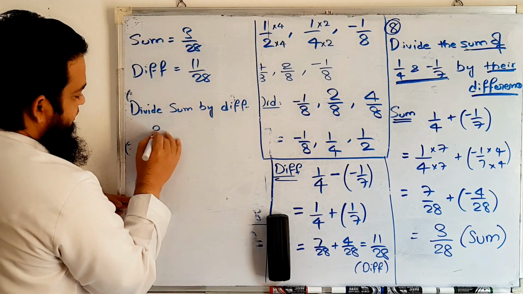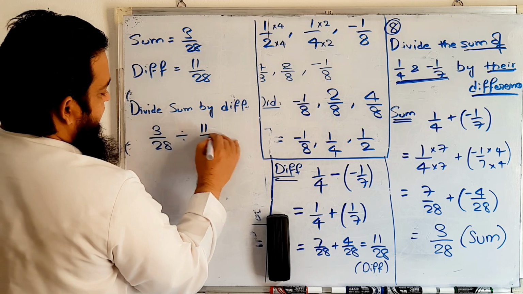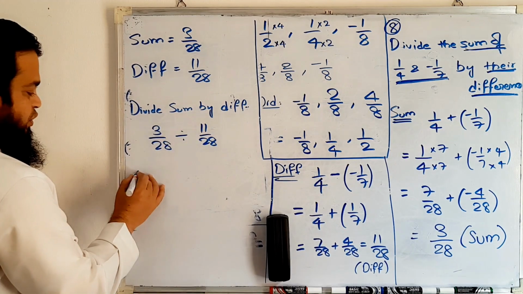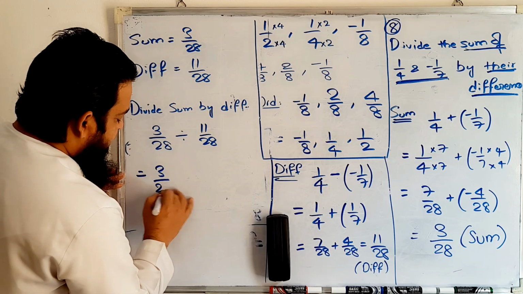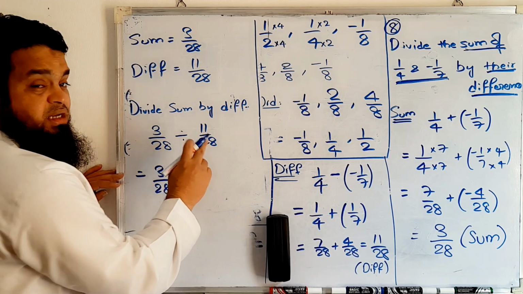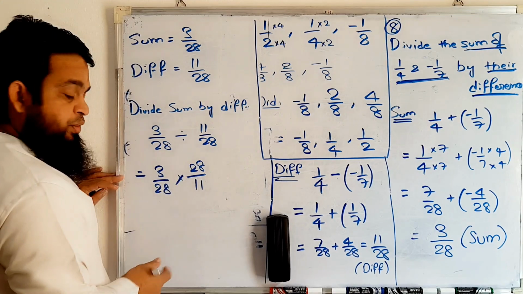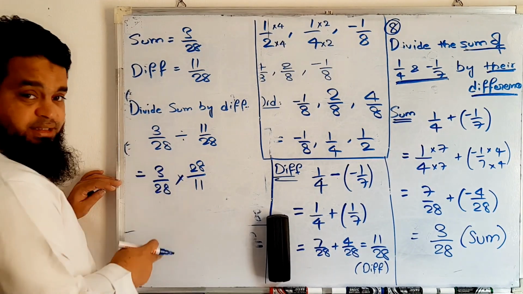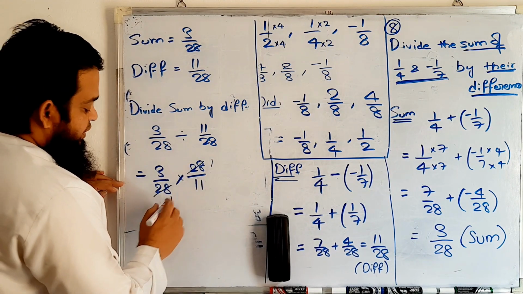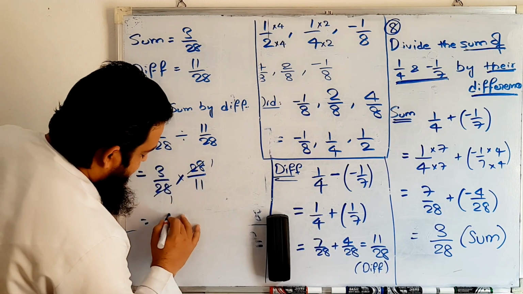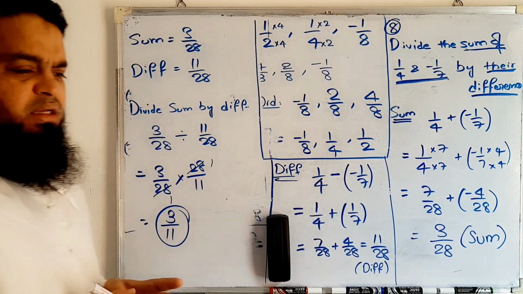So 3 by 28 divided by 11 by 28. We already know that division will be changed to multiplication and the divisor will be the reciprocal, 28 by 11. So you have the same numerator and denominator, 28 divided by 28 is 1. So what is left? 3 ones 3 by 11. 3 by 11 is the answer.